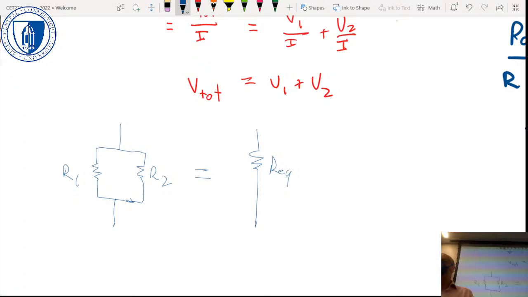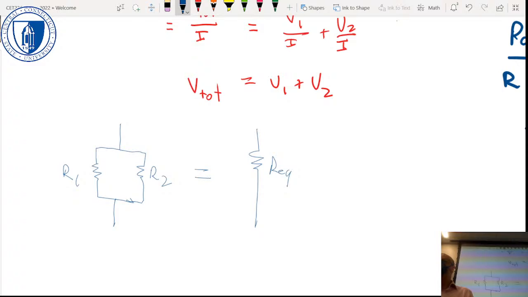So then we can say there's R1 and there's R2345, and that's going to be 1 on R2 plus 1 on R345. And now we've got two resistors that share a common node, right?